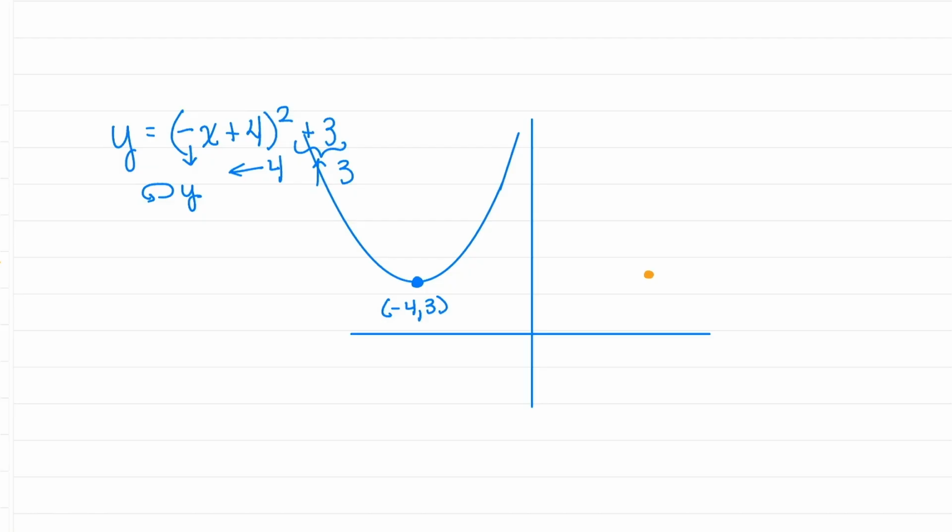Now, let's show you what that will look like. We are going to simply flip our graph over here across our y-axis. So we went from here and we're just making a mirror image of it over here. So this is going to be our final transformed function.